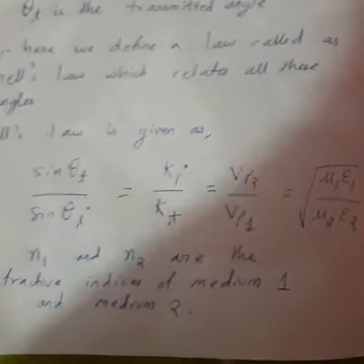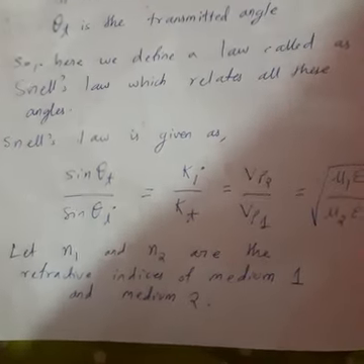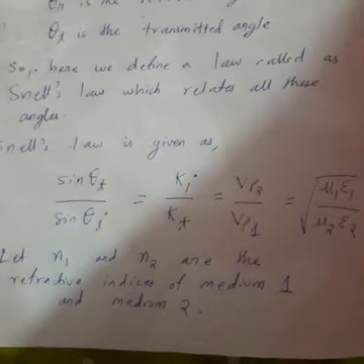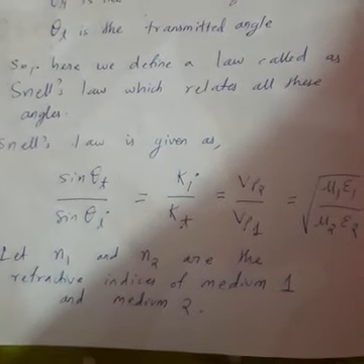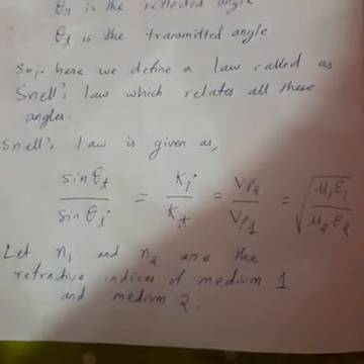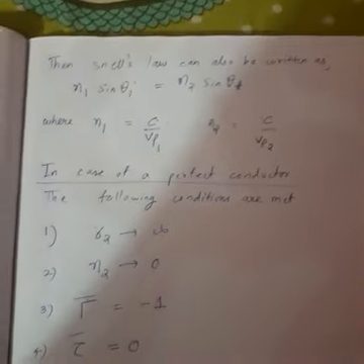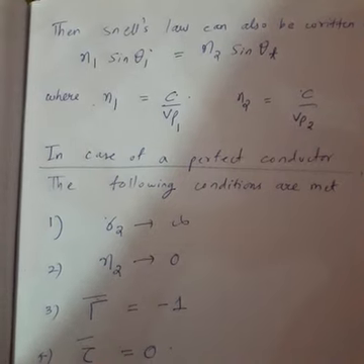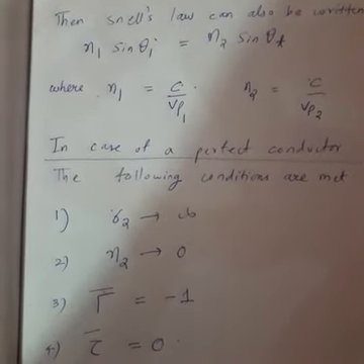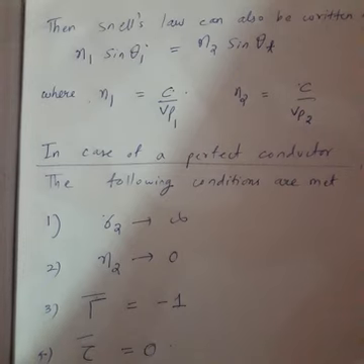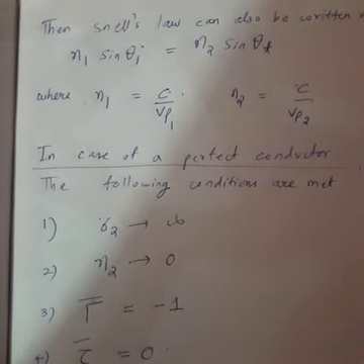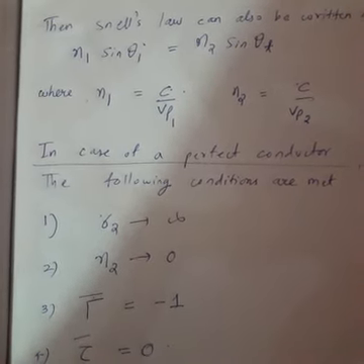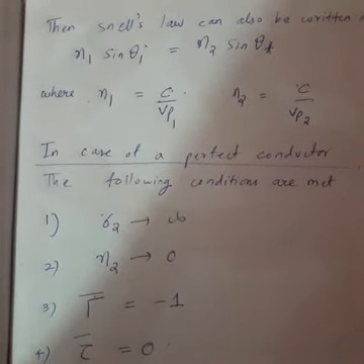Clear? Now here we define one term called refractive index. Refractive index is taken by considering the phase velocity and the speed of light. I am denoting the speed of light as c. If light speed is c and phase velocity is vp1, then n1 is equal to c by vp1, the refractive index of medium 1.